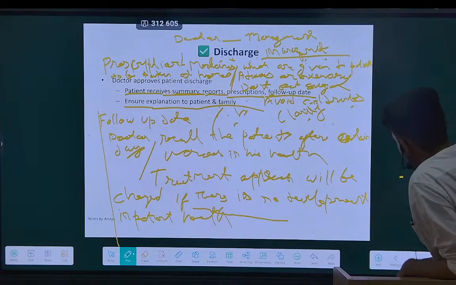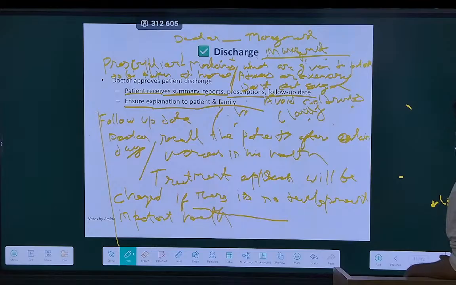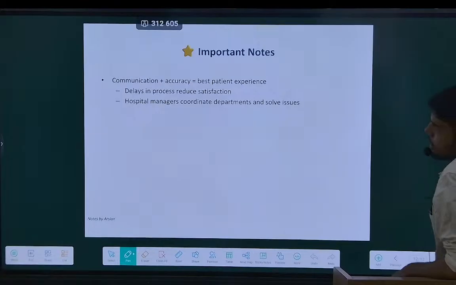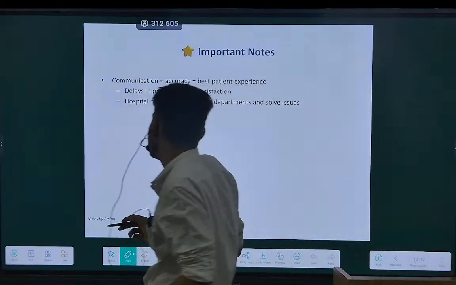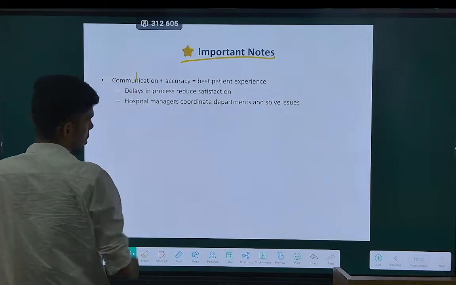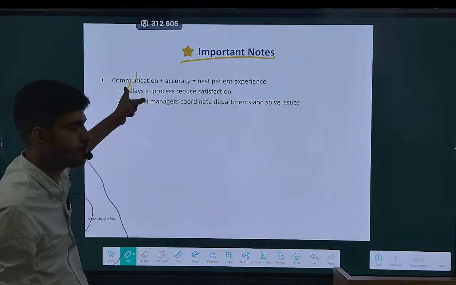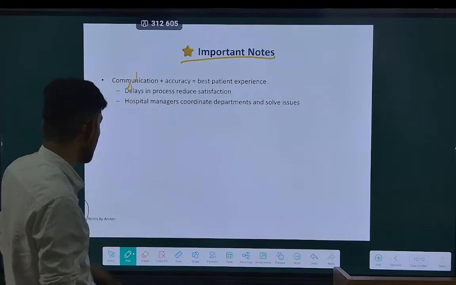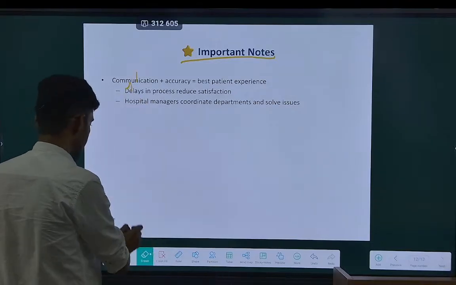Now we are going to the end of today's topic, and we will see the important notes of what we have learned today. Communication is very important. You need to have better communication.